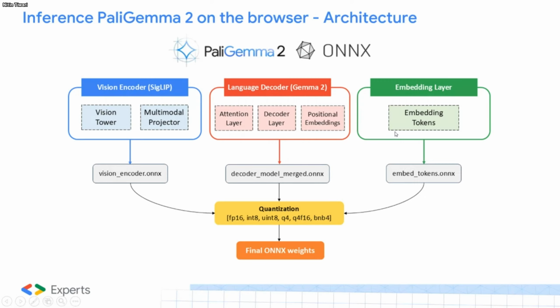As I said, every vision language model will have a vision encoder and a language decoder. In this case, it was SigLIP, and Gemma 2 was the language decoder. And if you drill this down further, every vision encoder will have a vision tower and a multimodal projector. I'll not go into the details of what a vision tower does, but its task is to extract some features. If you have heard about CNNs, convolutional neural networks, these models are specifically trained for image classification or vision related tasks.